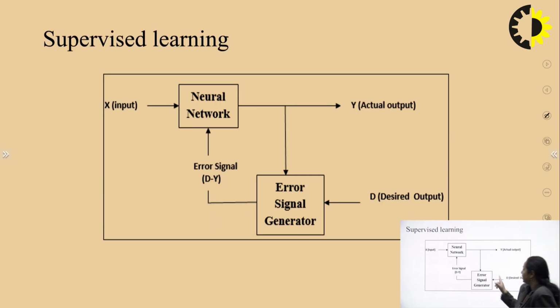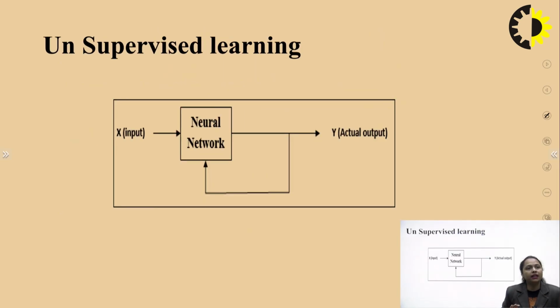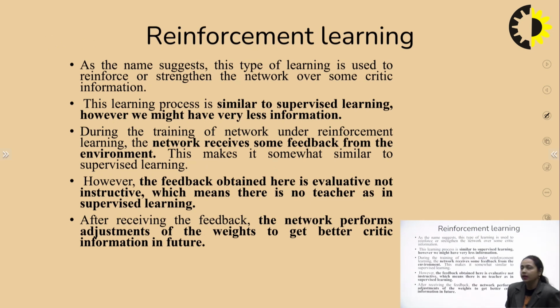In supervised learning there is feedback from the environment, meaning whatever results we get, we provide the error report to the neural network. But in unsupervised learning, there is no feedback present within the system. That is unsupervised learning.